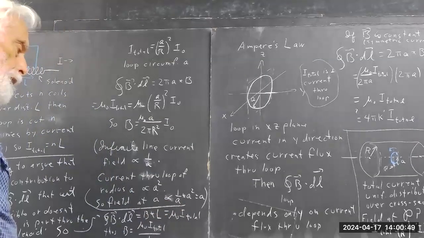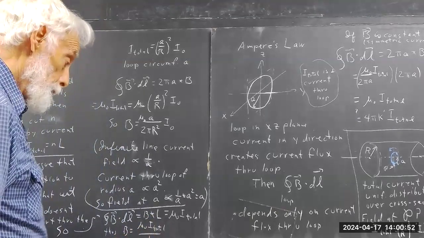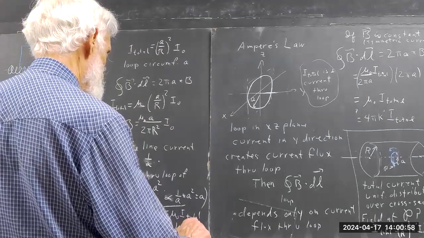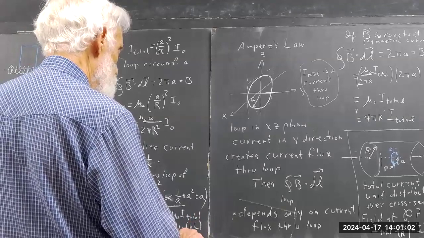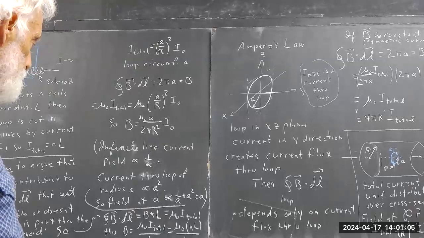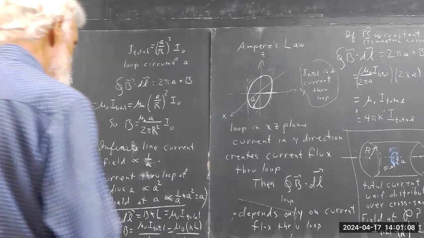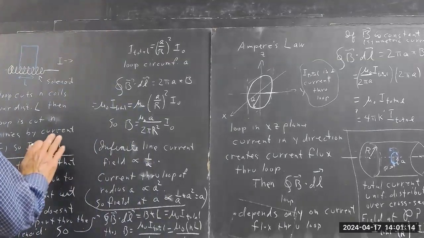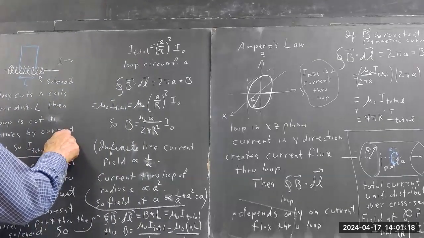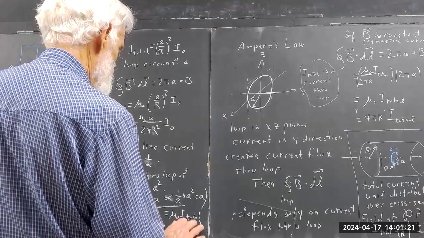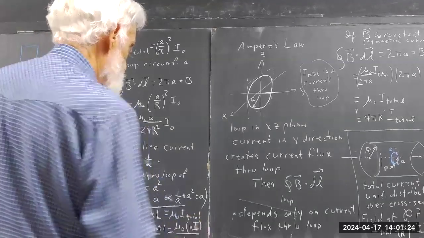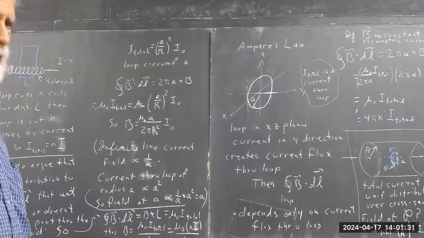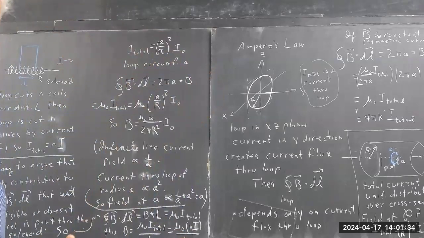So your field is mu naught times I total divided by L, which equals mu naught times N over L times I. I total is N times I. There's another notation you'll see in most textbooks, where N is used for the number of coils per unit length.